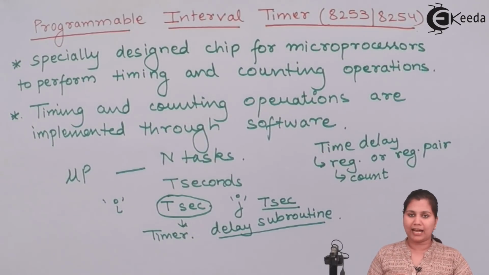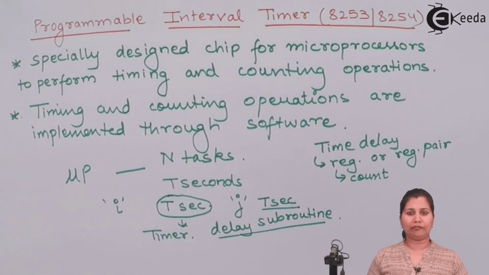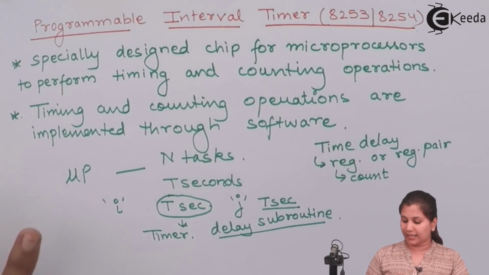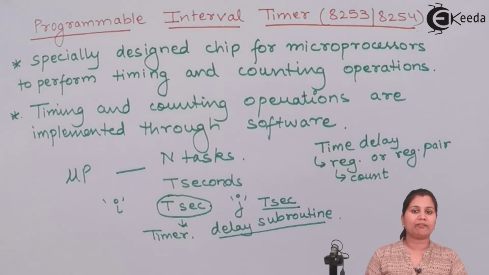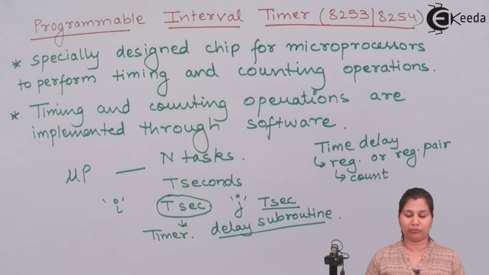So when the microprocessor is performing a lot of tasks and every time it needs a break, or requires a time delay, this complete procedure becomes very complex and the microprocessor is busy in it. It cannot perform any other task in between.